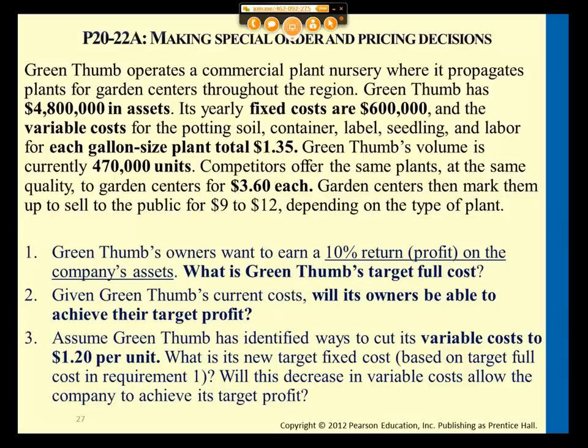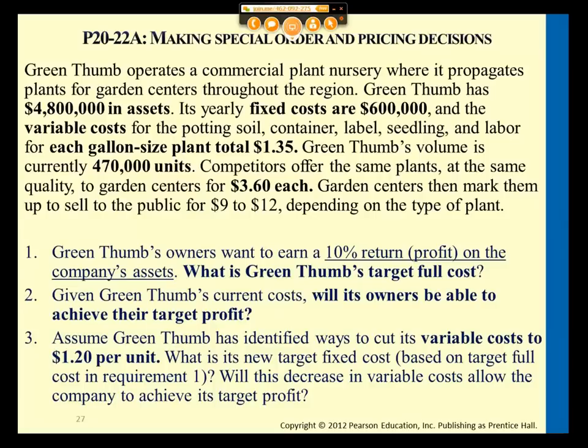Green Thumb's volume is currently 470 units. Competitors offer the same plants for only 3.6 each. Garden centers then mark them up to sell to the public for $9 to $12, depending on the type of plant.